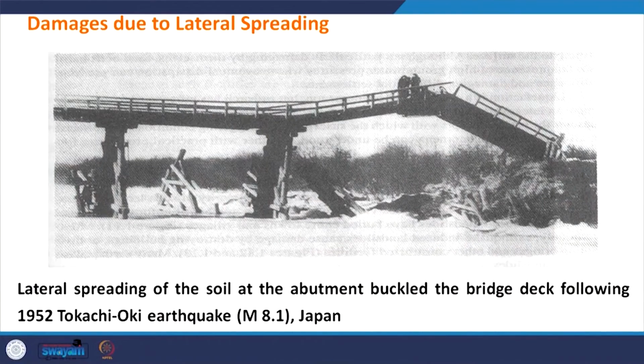Then another example of damage to a bridge due to lateral spreading, this is from the 1952 Tokachi Oki earthquake, which was with a magnitude of 8.1 in Japan, and again in this case the abutment of the bridge buckled due to the lateral spreading of the soil.